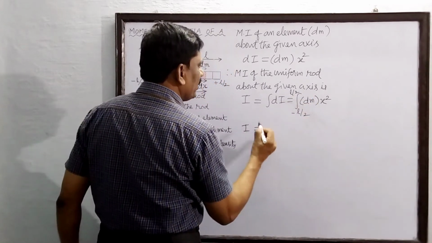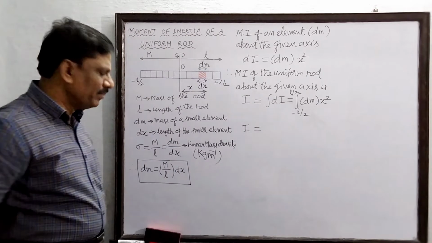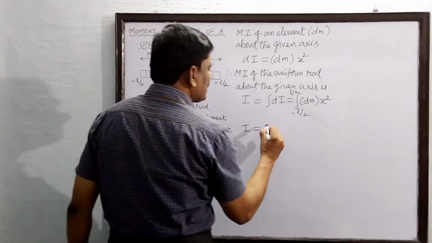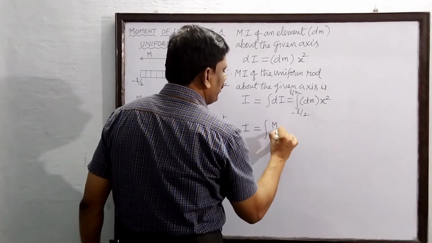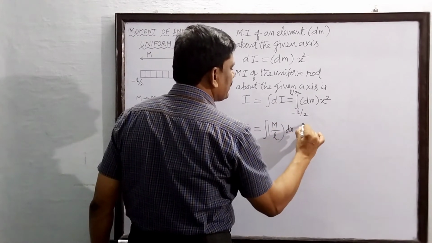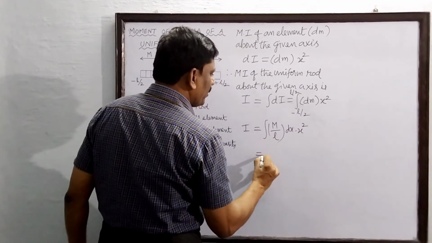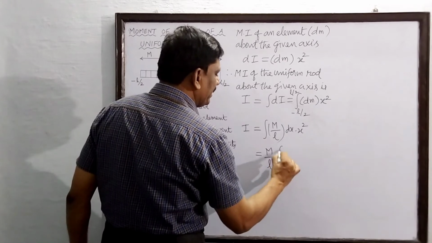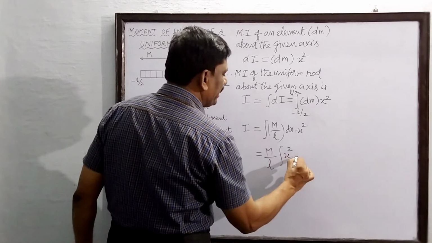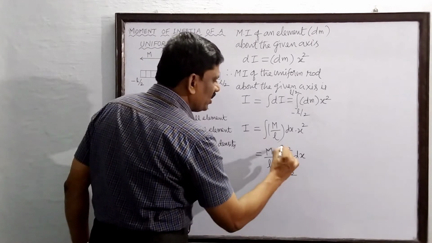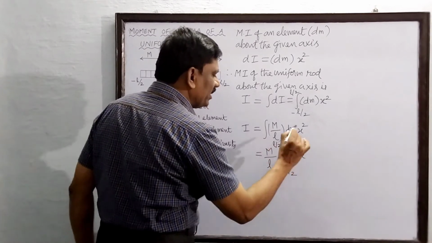Therefore, I is equal to, now, instead of dm, I am going to substitute M by L into dx. So this is integral of M by L into dx into x square. So this is equal to M by L, which can be taken as a constant, into integral of x square dx. The lower limit is minus L by 2, the upper limit is L by 2.